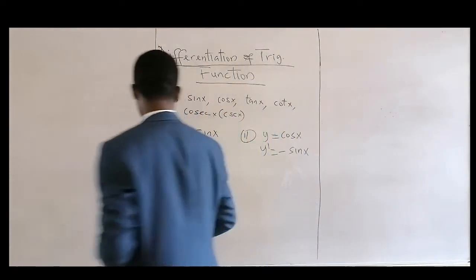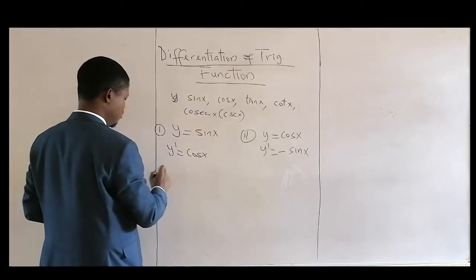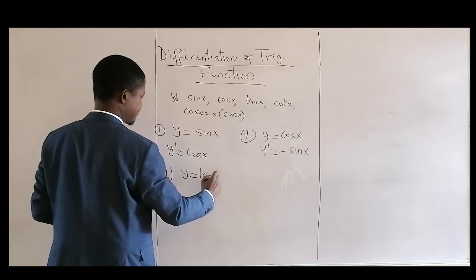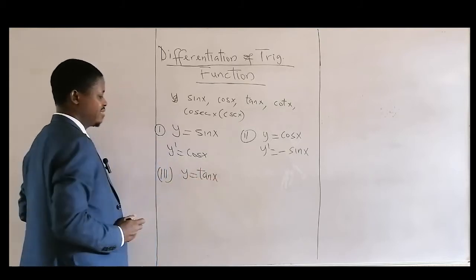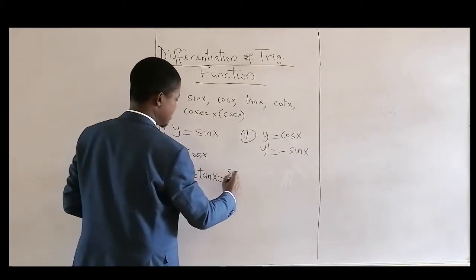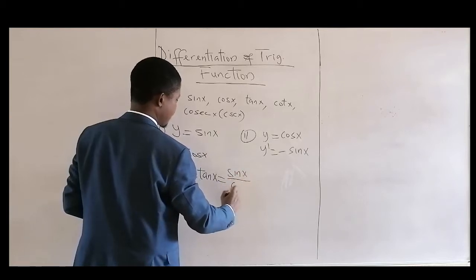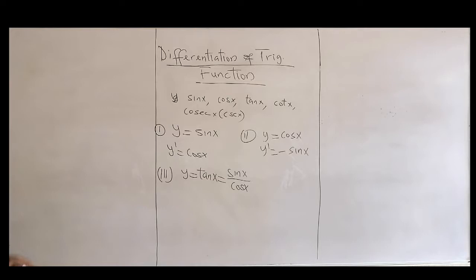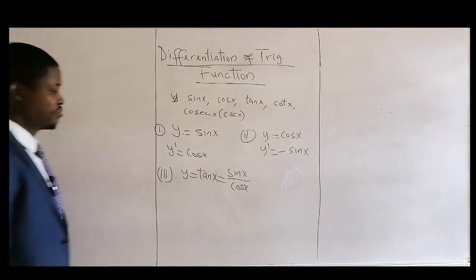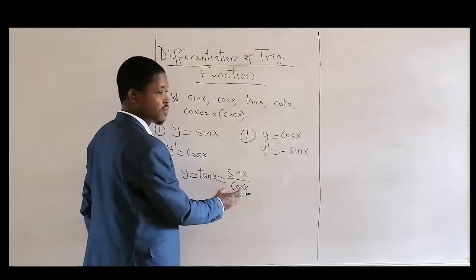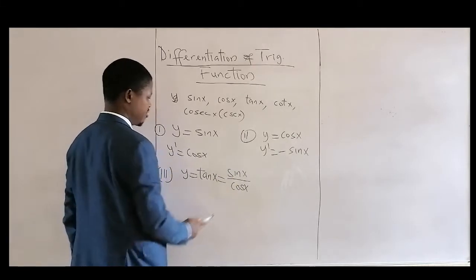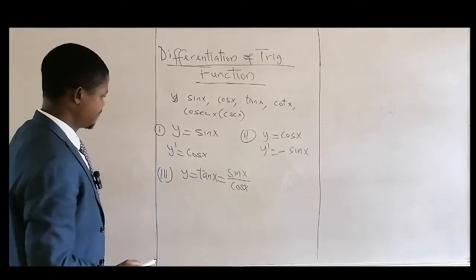Then we want to look into tangents. Tan x is sine over cos. We are going to use the quotient rule to solve this, because this is a numerator, this is the denominator. It's a fraction.